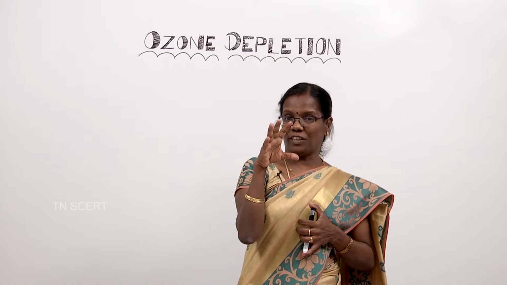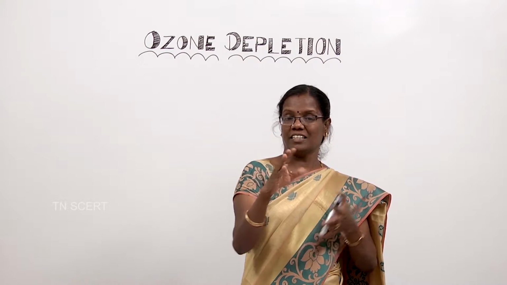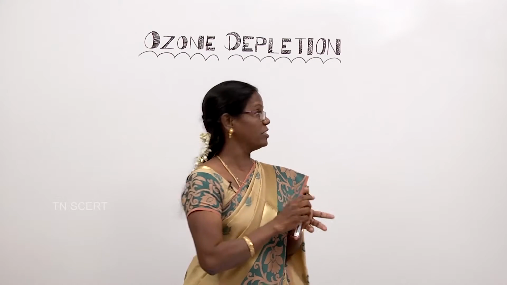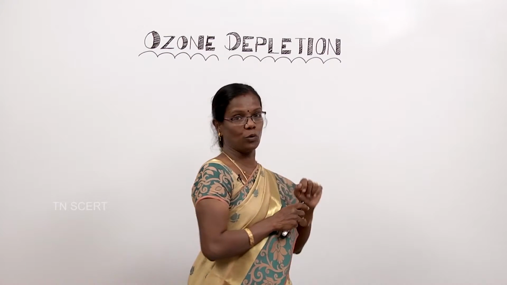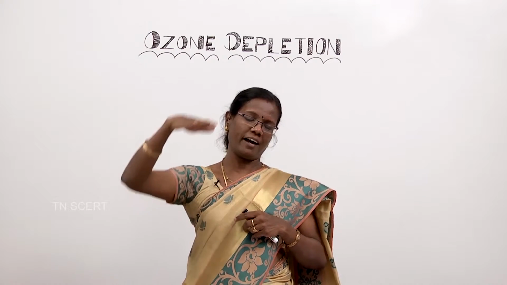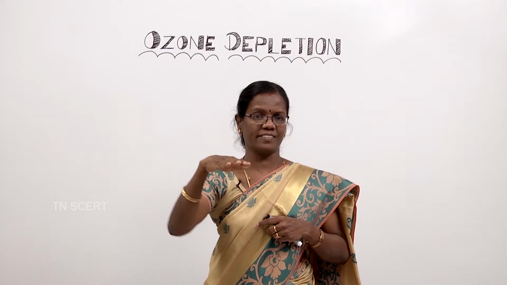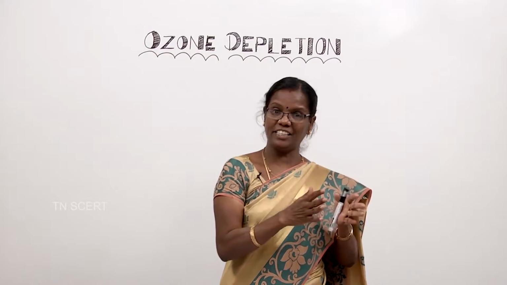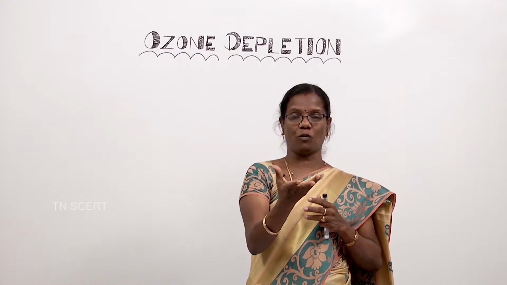In the stratosphere only there occurs a protective layer, we can say a friend, which is called ozone. Ozone is formed in the stratosphere at high altitudes. See, the stratosphere is present in high altitudes. In high altitudes, ozone is formed.